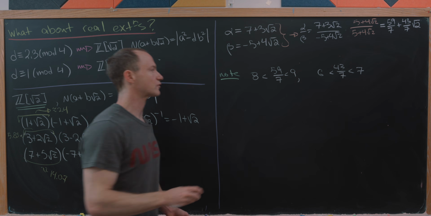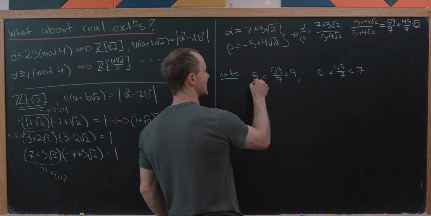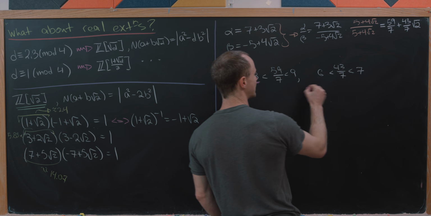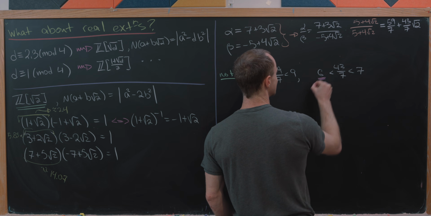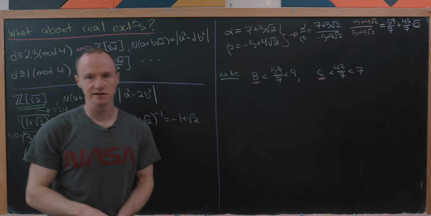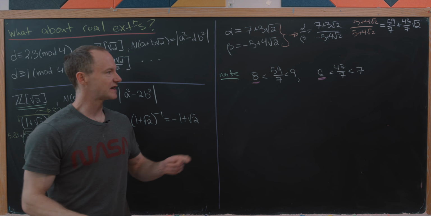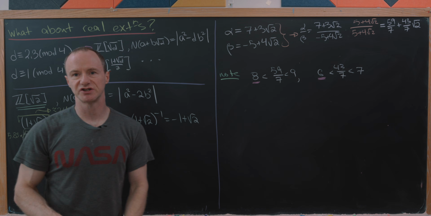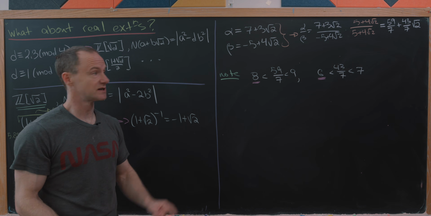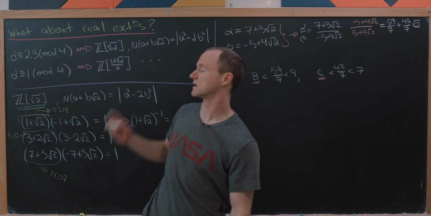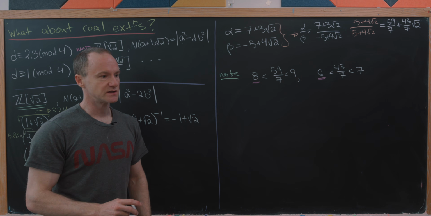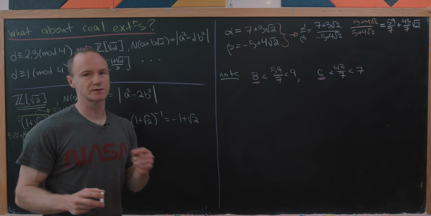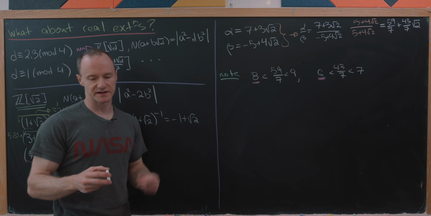And then you can reason to say that 59 over 7 is closer to 8 than 9, and 43 over 7 is closer to 6 than 7. Now that's a little bit dangerous here because this closeness that we used intuitively was just a Euclidean distance. But like I said, we are not using a Euclidean norm here. So perhaps this wouldn't be the right choice, but as we'll see, almost all of the time this will work out.